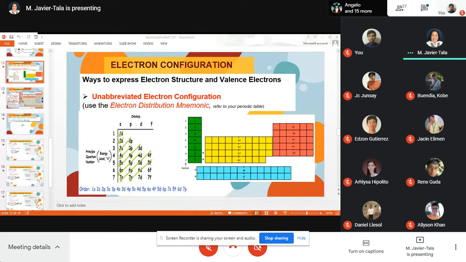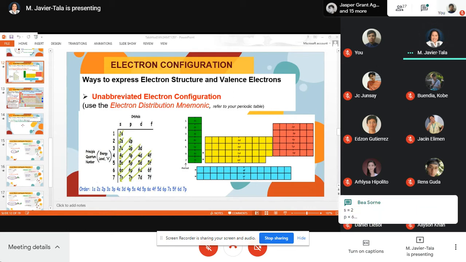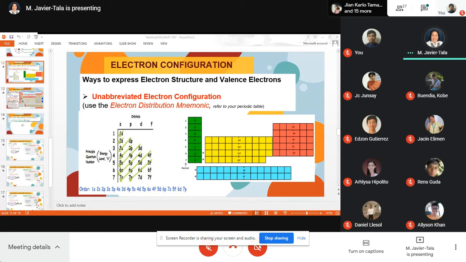Miss Sorne, what are the maximum number in the SPDF in your electron distribution mnemonic? You can see it in the note sa electron distribution mnemonic. For S, how many electrons? O, di ba? Meron siya eh. So, please take note of what Miss Sorne has indicated.